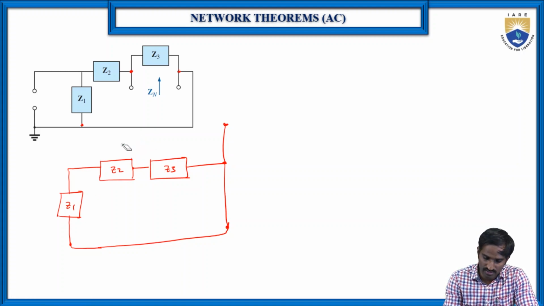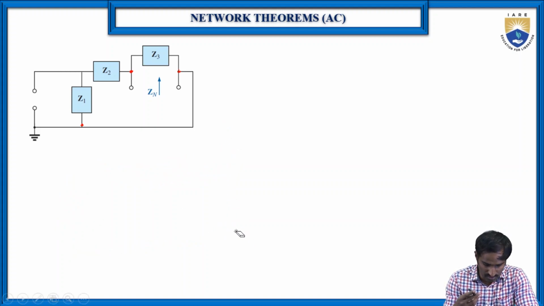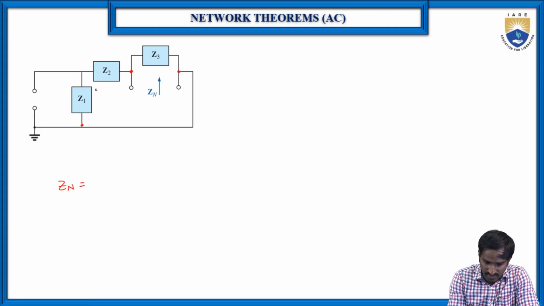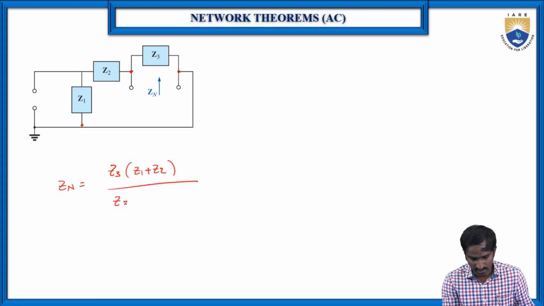So let me write the equation for Z Norton, Zn, which is Z3 into Z1 plus Z2, divided by Z3 plus Z1 plus Z2.